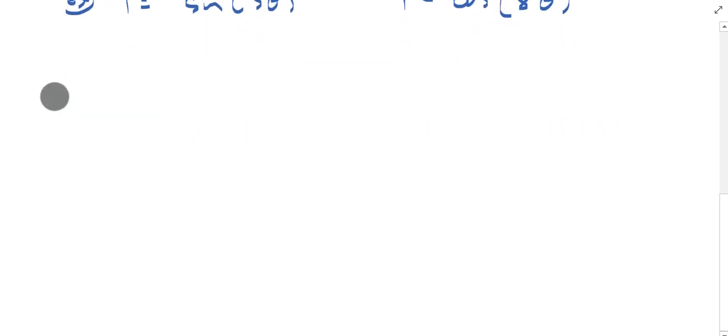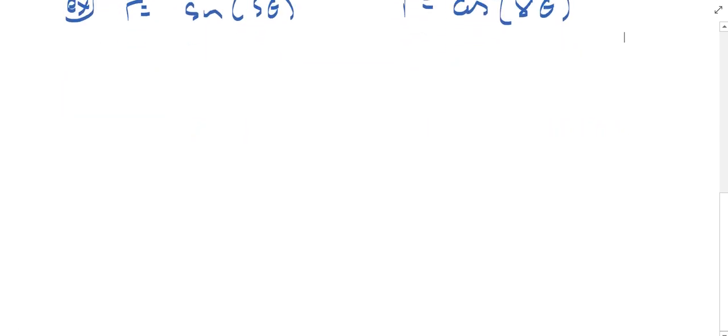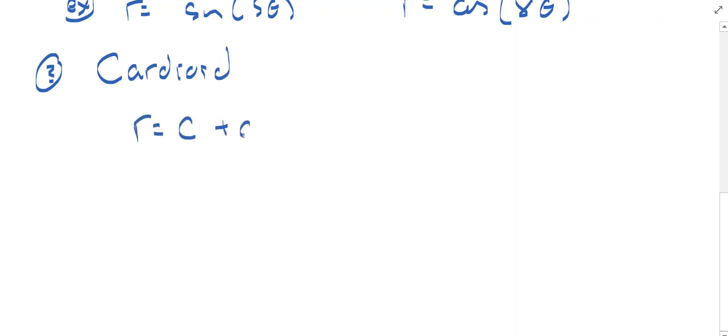The next type of curve we're going to look at is called a cardioid. And this is when we introduce the C value. So we're going to have r equals C plus A sine theta, and r equals C plus A cosine theta.